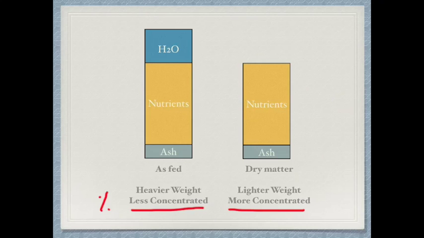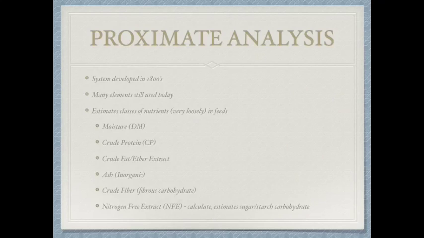And so that will come to make a little more sense in a week or two when we really focus on converting between nutrient expressions between dry matter and as fed. But understanding that basic concept helps us to understand some of our chemical analysis that we do for feeds.